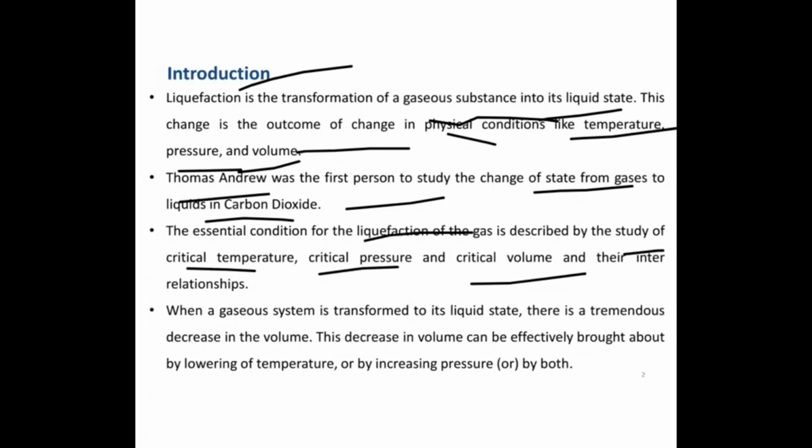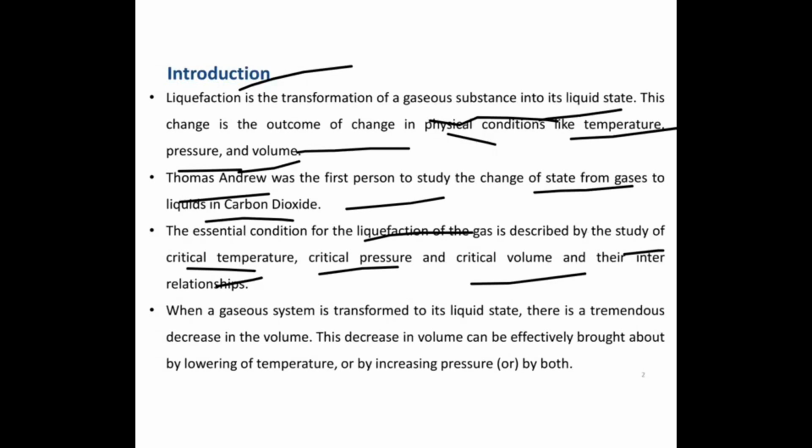Critical temperature is the temperature at which gas converts to liquid state. At a certain temperature, that temperature is denoted as the critical temperature. And critical pressure is the pressure needed to convert the gas into liquid state.